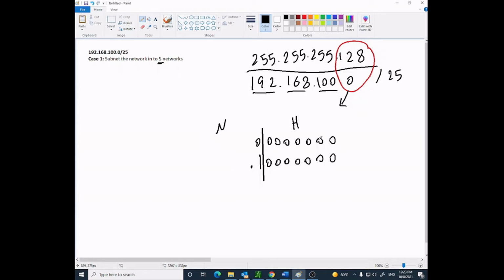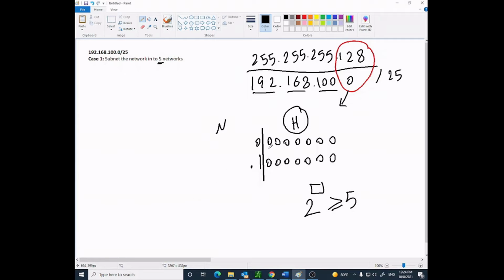Since I'm trying to break down my big network into 5 networks, you have to ask yourself this question: how many bits do I have to borrow from the host portion to be able to create 5 networks? And you have an equation for that. We said 2 to the power of that number should always be greater than or equal to the number of networks that I need, which is 5 in this case.